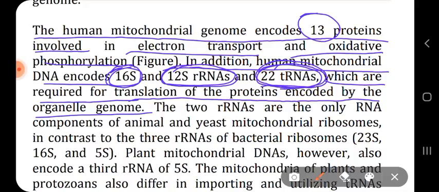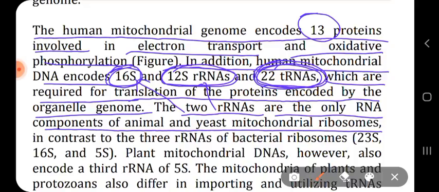So transfer RNA is also synthesized by the human mitochondrial genome. The two rRNAs that we have just seen, the 16S and the 12S, are the only RNA components of animal and yeast mitochondrial ribosomes.